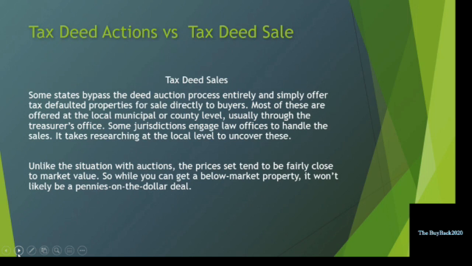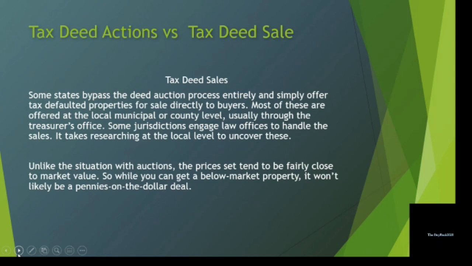Tax deed sales. Some states bypass the deed auction process entirely and simply offer the tax default property for sale directly to the buyer. This is the other type of option that you have. So you have to go to that specific municipality to figure out how they function. Each state is like their own island. Okay?